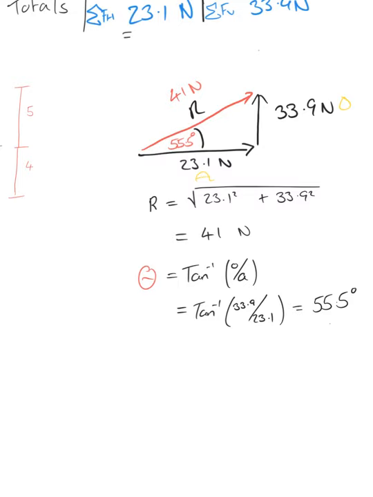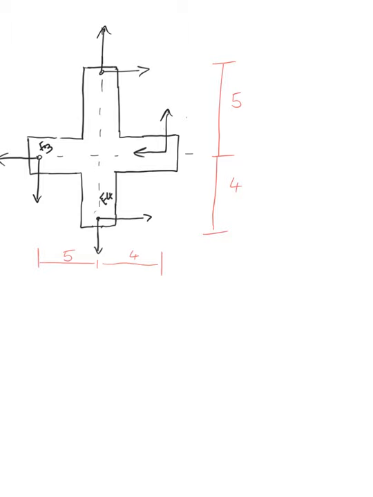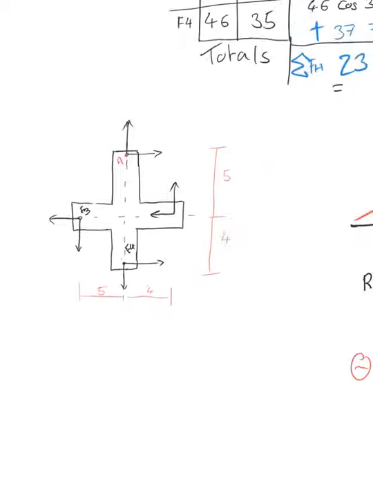Now, our question asks us to find the distance that the resultant acts from the point A. Before now we didn't really need to consider our point A, but we're told our point A is here where force F1 starts. So now we're going to go on to looking at moments to solve this question and find that distance.